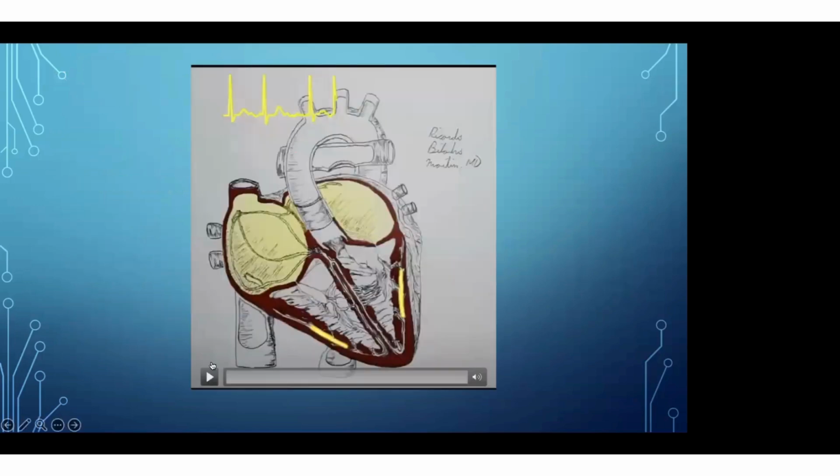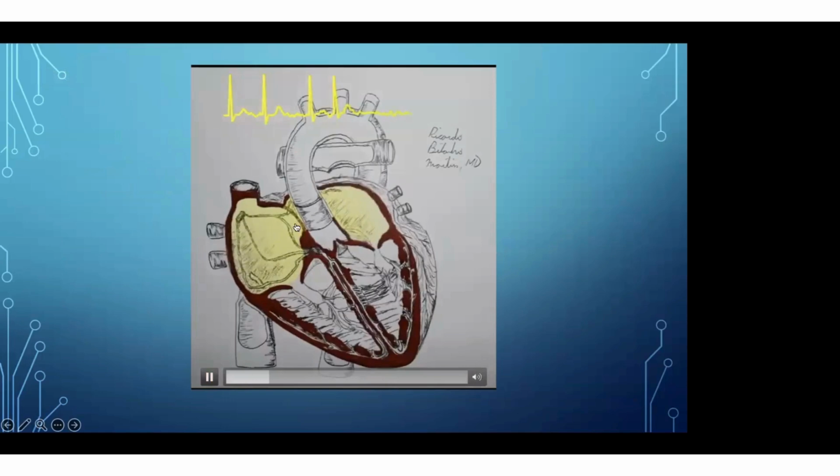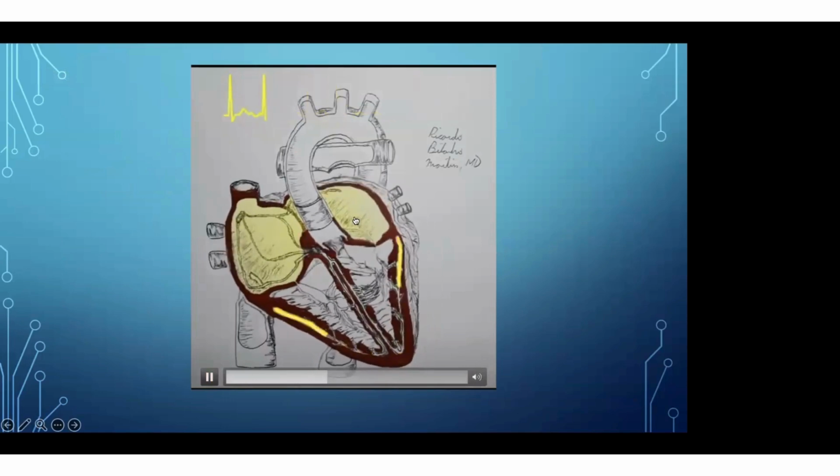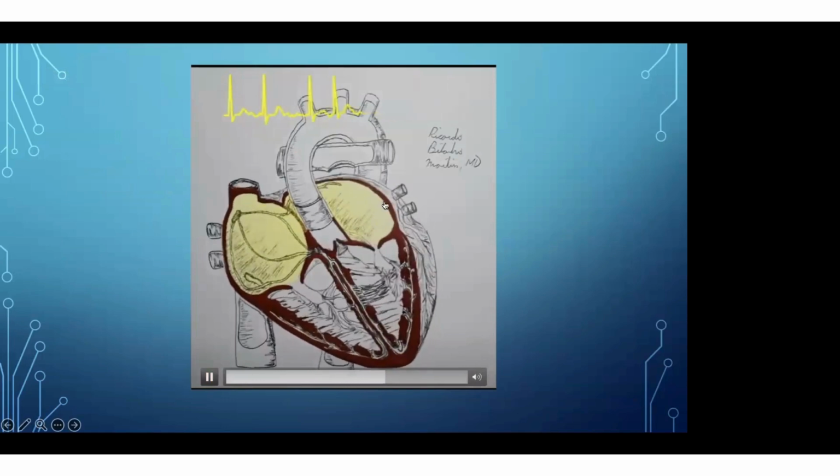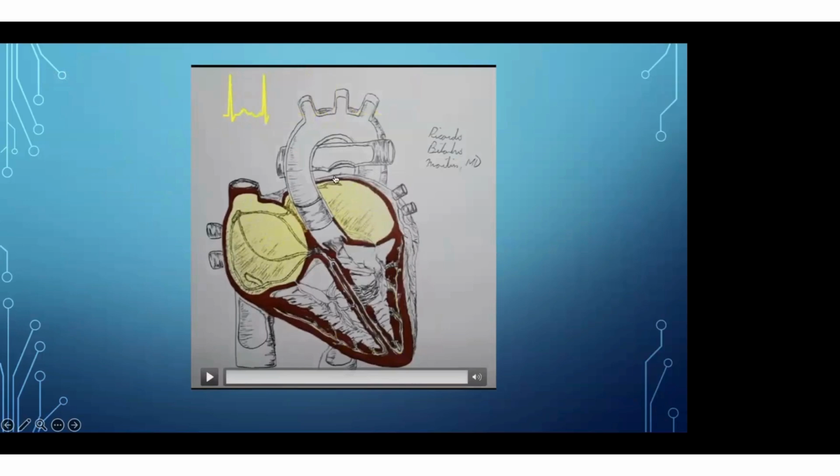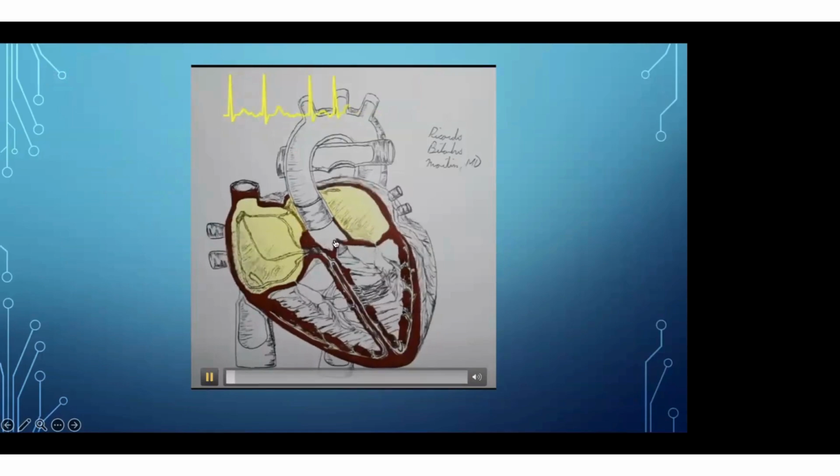What happens to the atria in real time? So here is what is happening to the atria during atrial fibrillation. The atria will be fibrillating. There is no contractile force from the atria. The atria will be just fibrillating like a bag, and there is no contractile function.